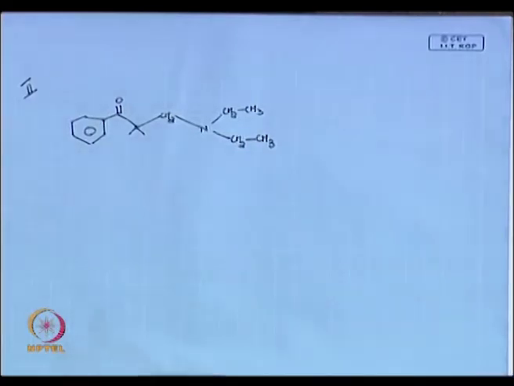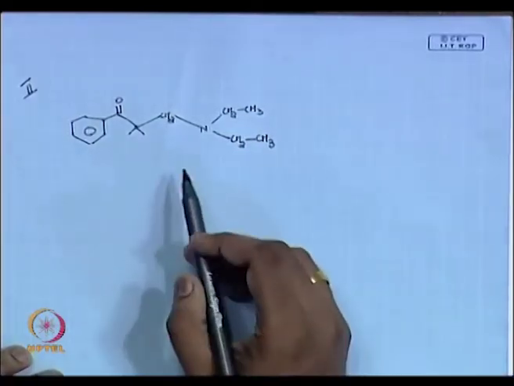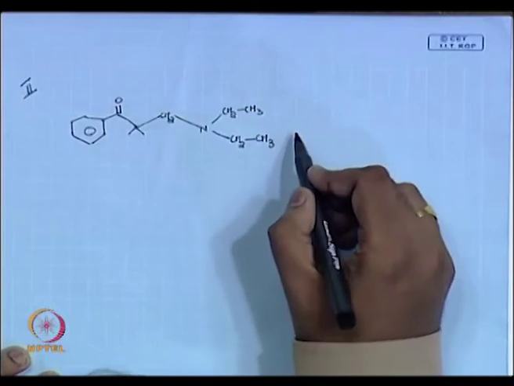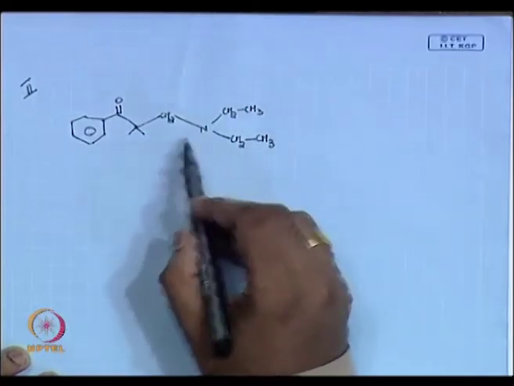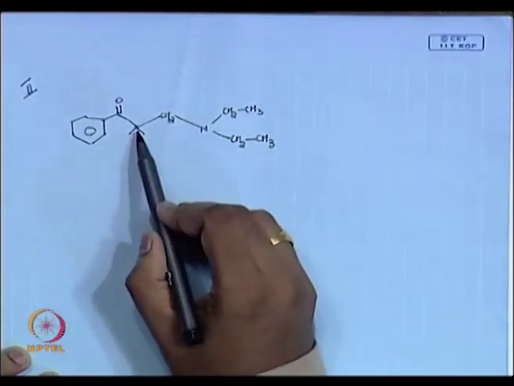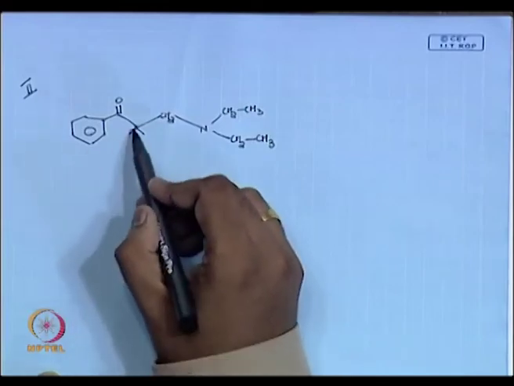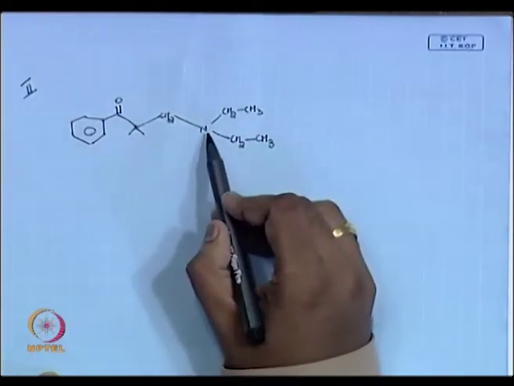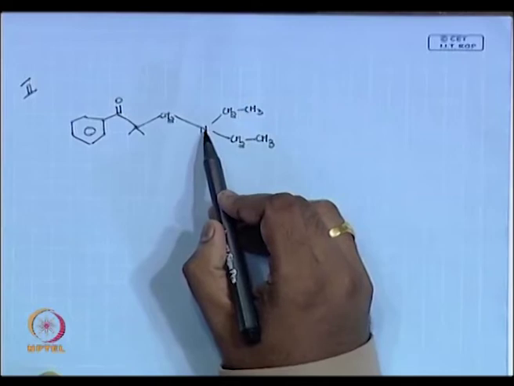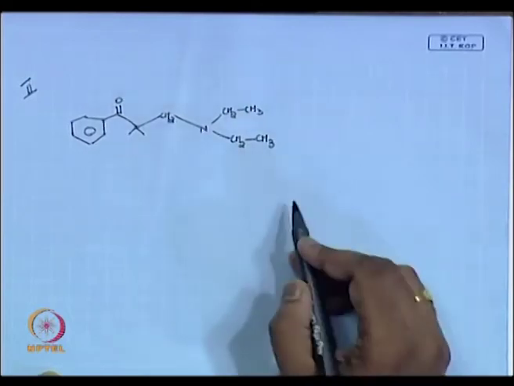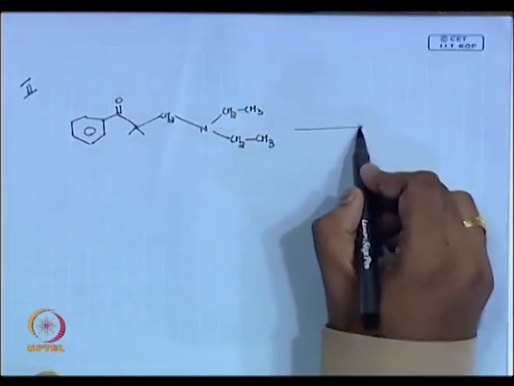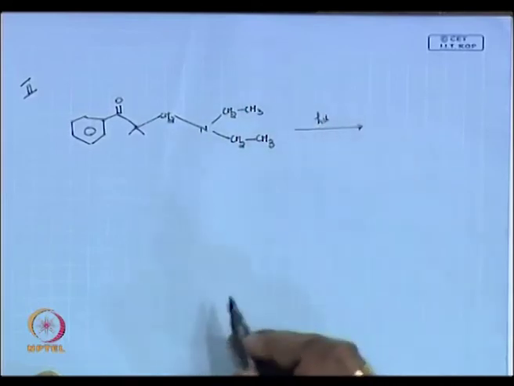So, I take this system. In this system, my alpha carbon doesn't have a hydrogen, it is a methyl, and my gamma, I have no carbon there, it is a nitrogen. If I take this type of system and if I photolyze, what happens?